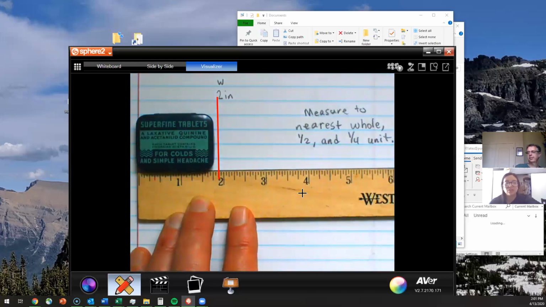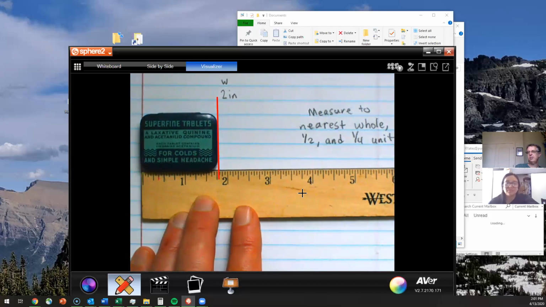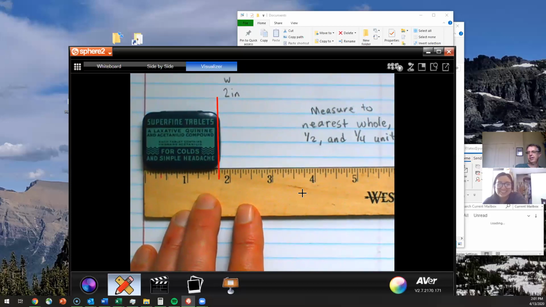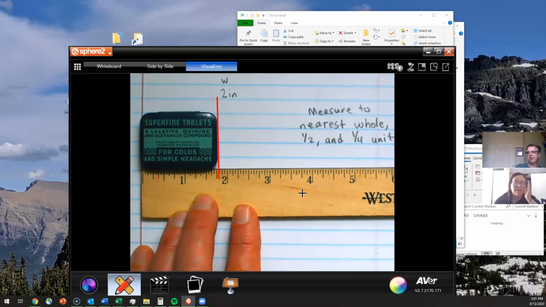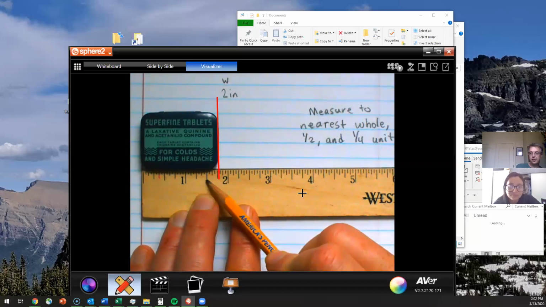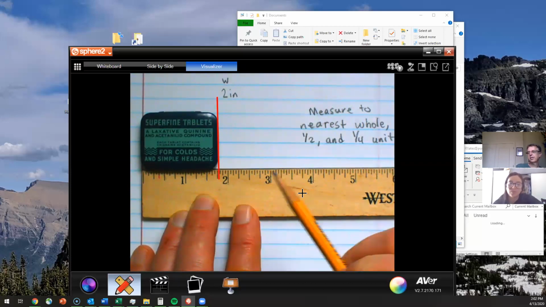So make sure you guys are labeling it with inches. So to the nearest whole number, it would be 2 inches. And our next one. Let me just move it back. I kind of slipped. Okay, so then our next one is going to be to the nearest 1/2 inch. The 1/2 inches we're going to be looking at are 1 1/2, then 2, and then 2 1/2.